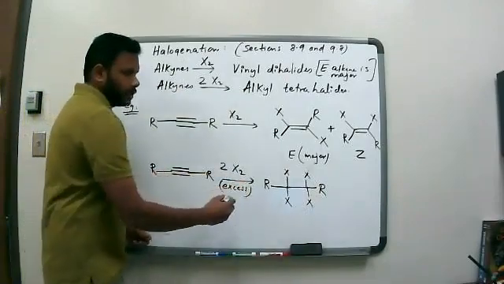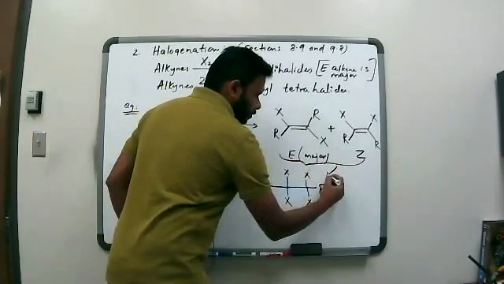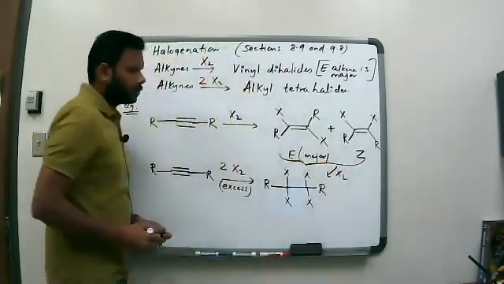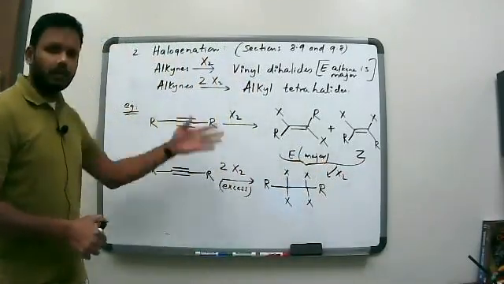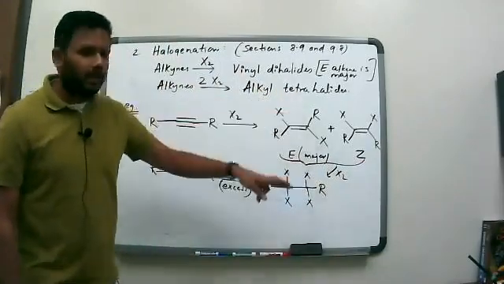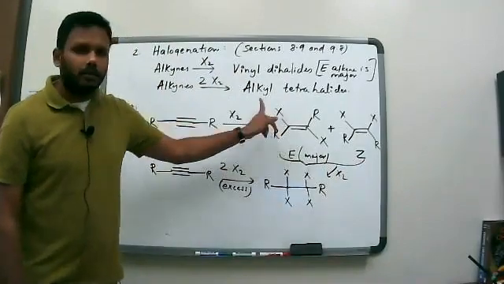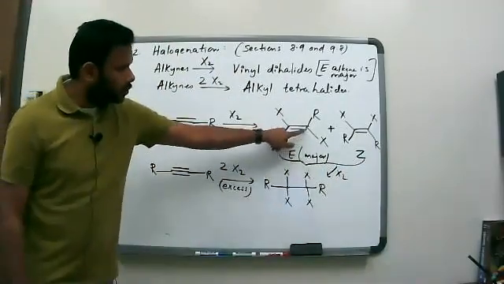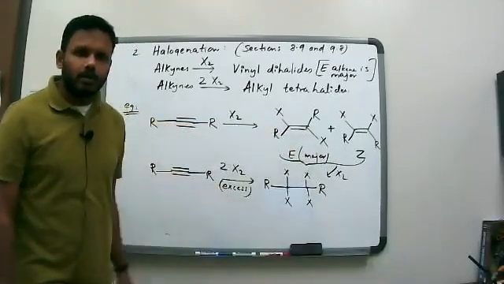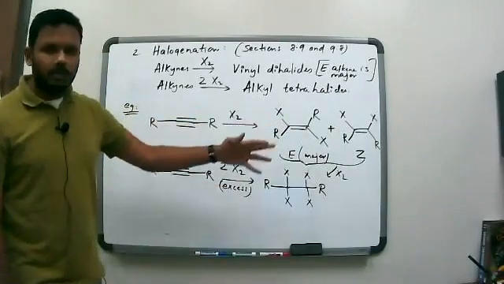The way you get here is when both of those products react with another X2, and that gives you this tetrahalide. So this is an alkyl tetrahalide. This is a vinyl dihalide because the halogens are both connected to carbons that are part of a double bond. So you get E and Z.